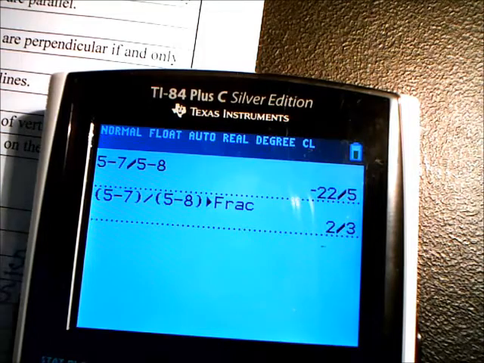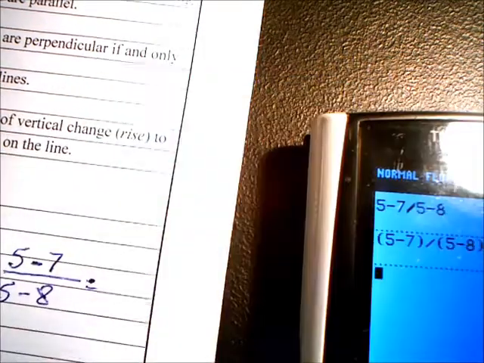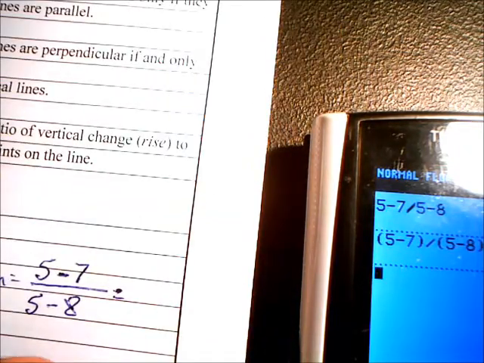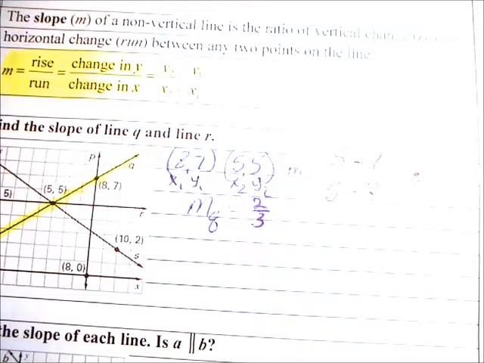Alright, so my slope of my line Q is 2/3.